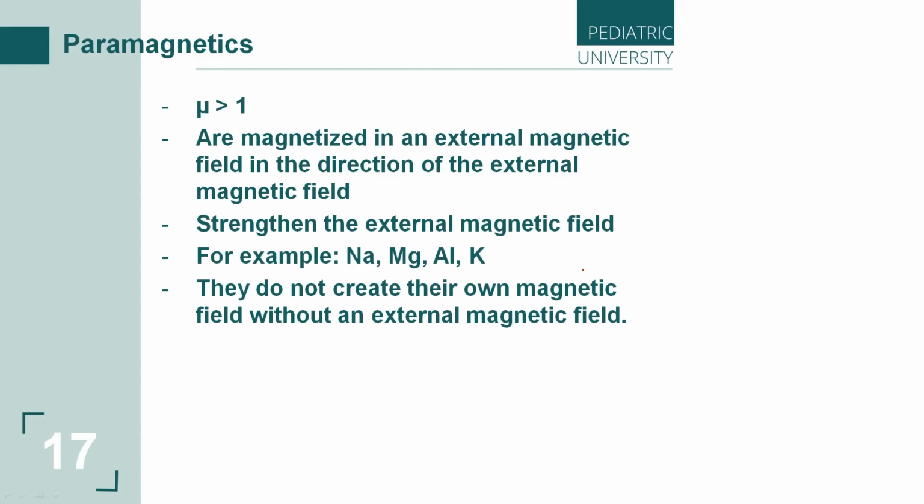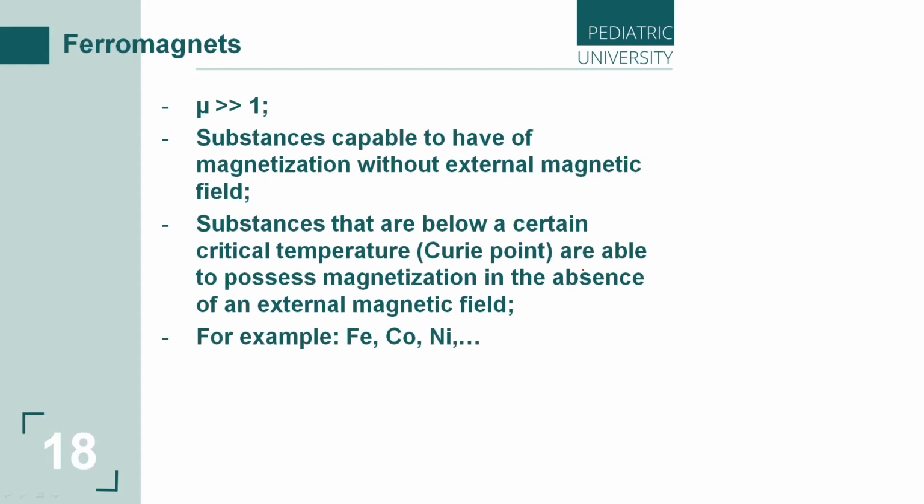And the last type of matter is ferromagnets. Ferromagnets are matters that significantly enhance the external magnetic field. The magnetic permeability of ferromagnetic materials can reach values of several hundred thousand. That is, ferromagnetic materials are capable of amplifying an external magnetic field hundreds or thousands of times.